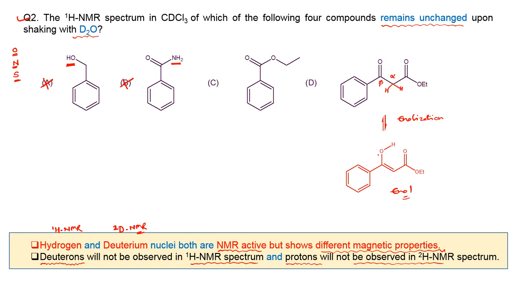This OH can be converted into OD. That means the proton can be exchanged with deuterium, and therefore this compound will show a change when subjected to D2O. So this is also not our choice, and the only one that remains is the ester, where we do not expect any proton exchange with deuterium, and that is the expected answer for this question.